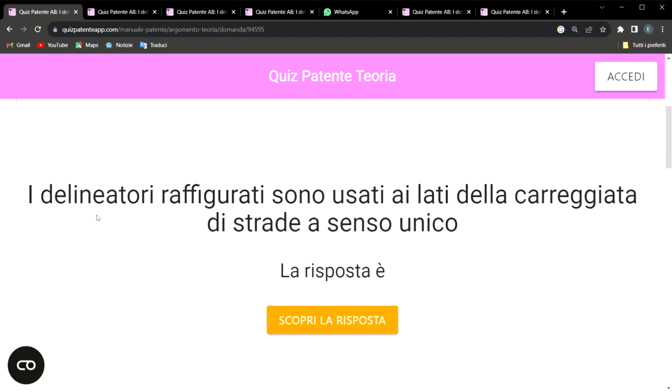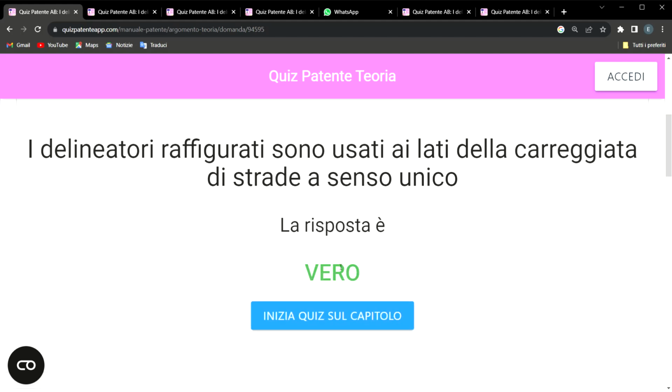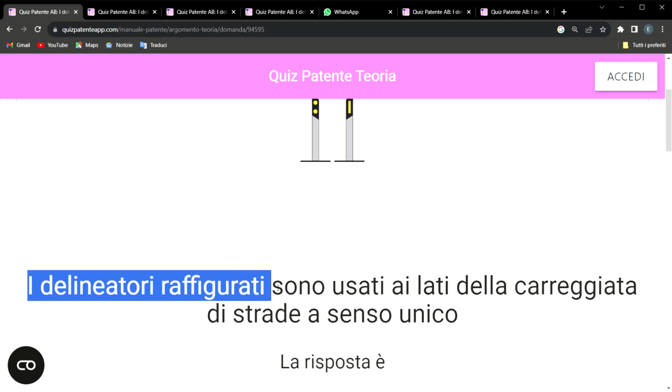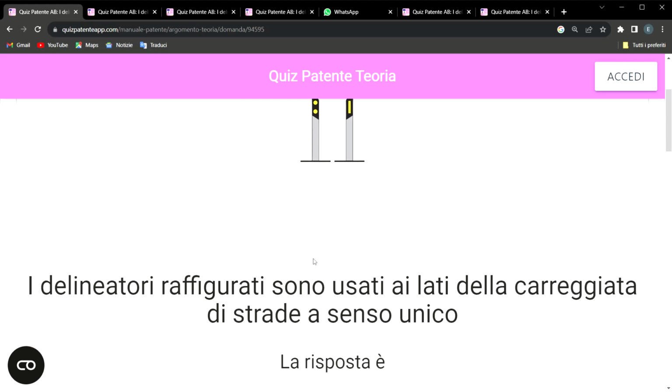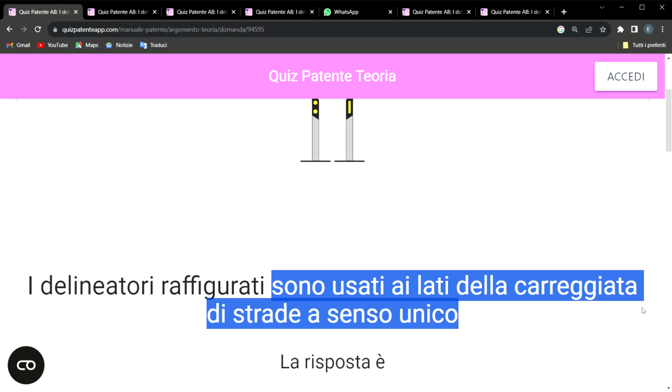Number one question says, i delineatori raffigurati sono usati ai lati della carreggiata di strada senso unico. Vero o falso? The answer to this question is vero. Let me explain the reason. It says il delineatore raffigurato, which is this delineatore that we are talking about here. Sono usati ai lati della carreggiata di strada senso unico, it is used on the road known as one way.